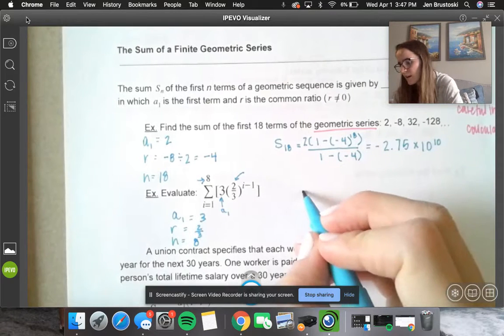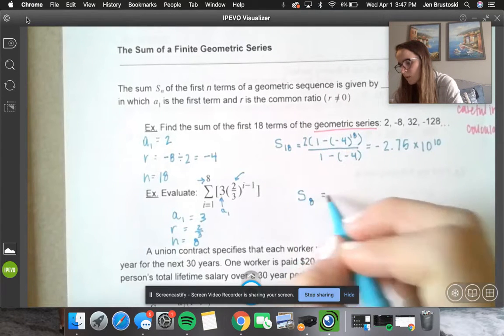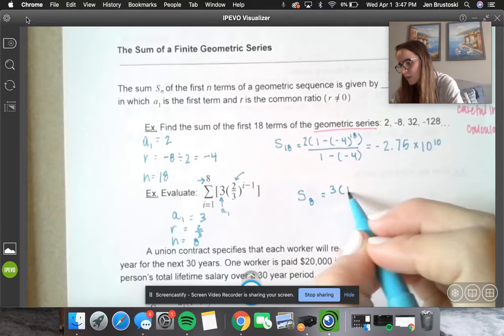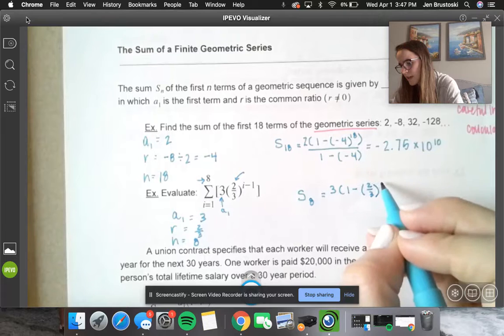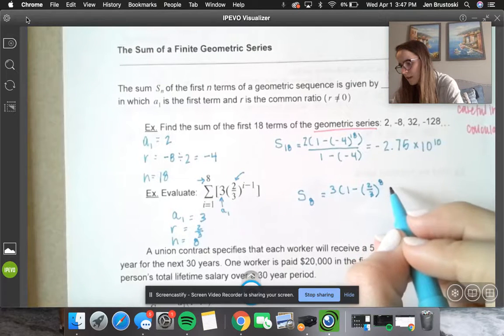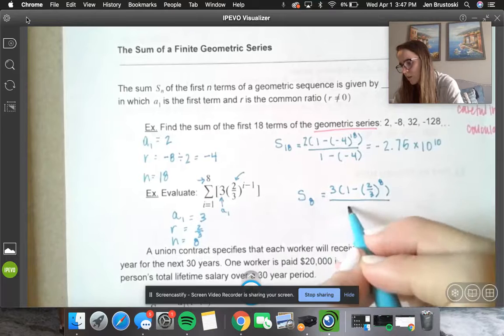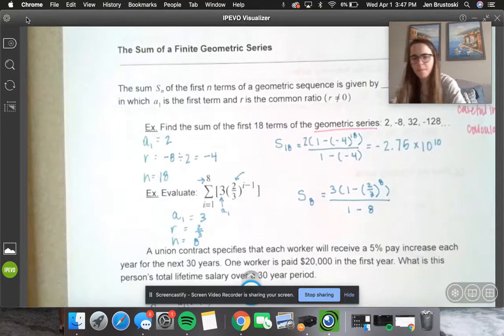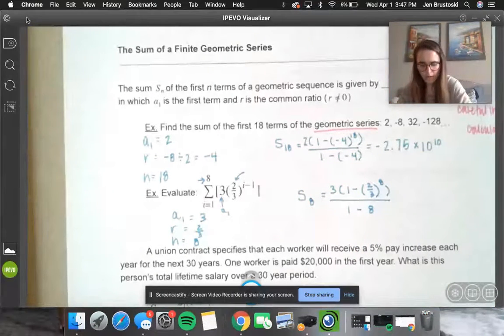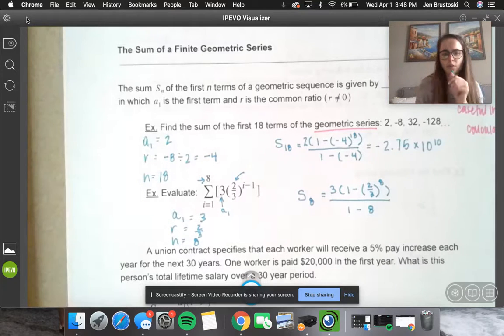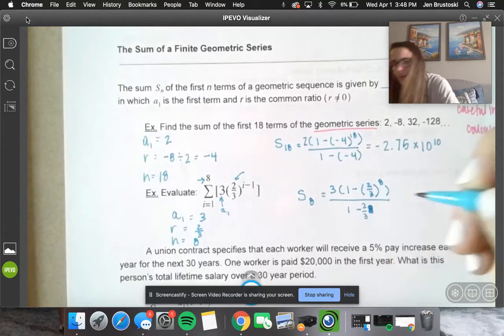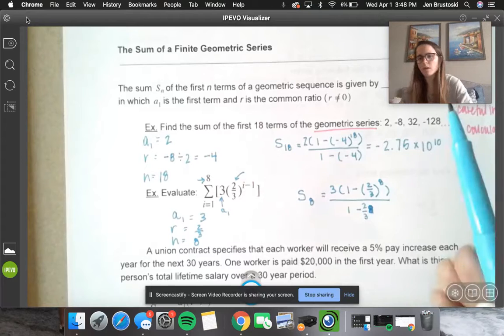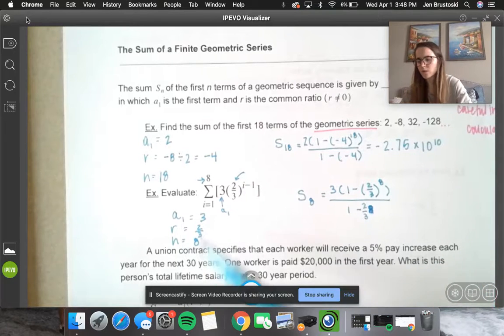So we have S of 8 equals a sub 1 times 1 minus r to the n over 1 minus r. All right, and then let's go ahead and plug that in, oh, that's not the right value for r. This is r, 2/3. 1 minus 2/3 is r. Sorry about that. Because our r gets plugged in there, and r is 2/3.